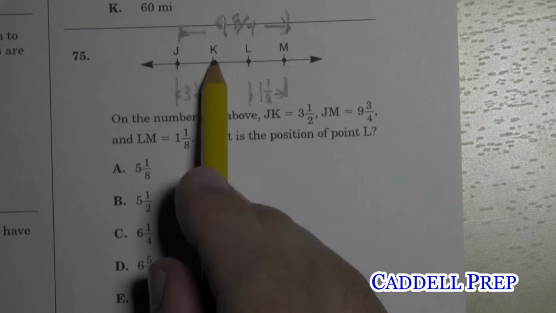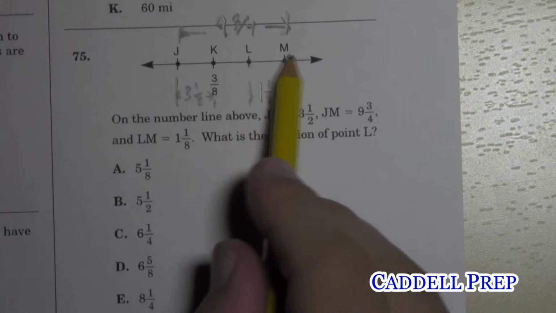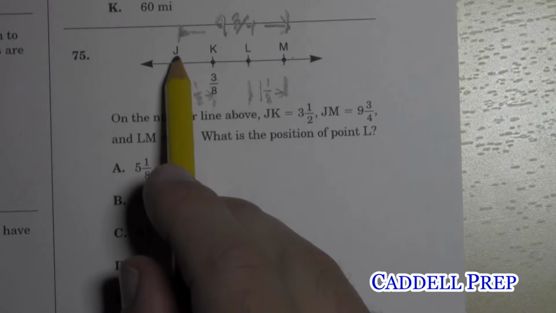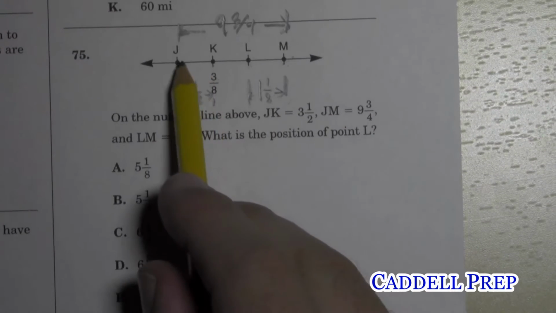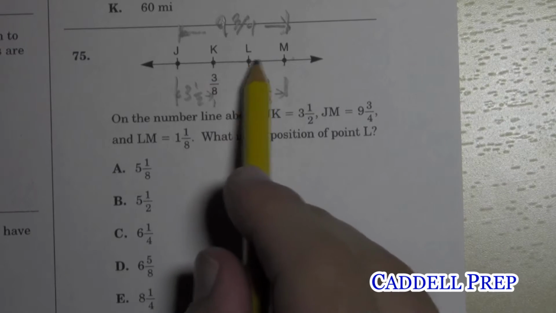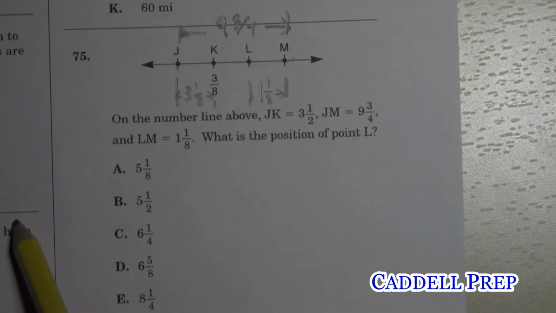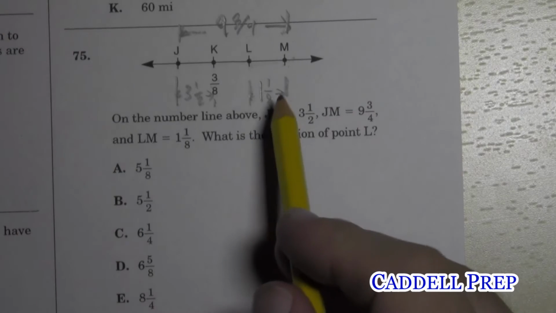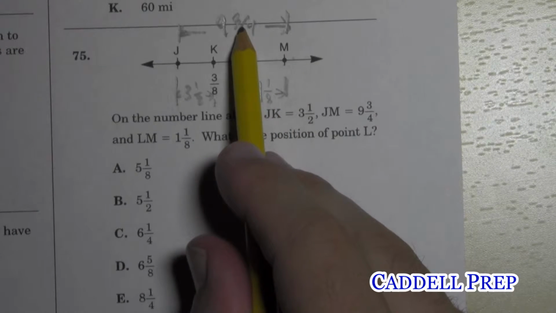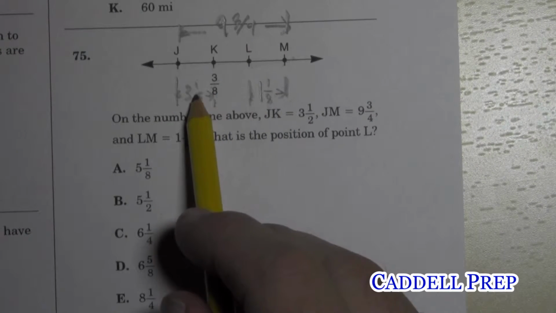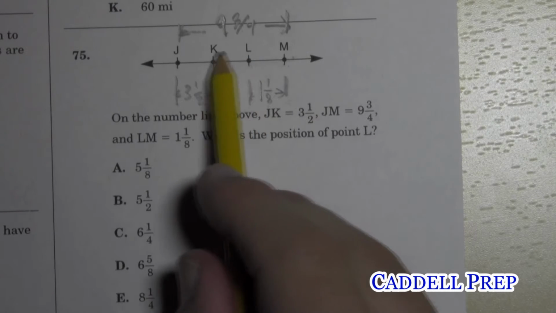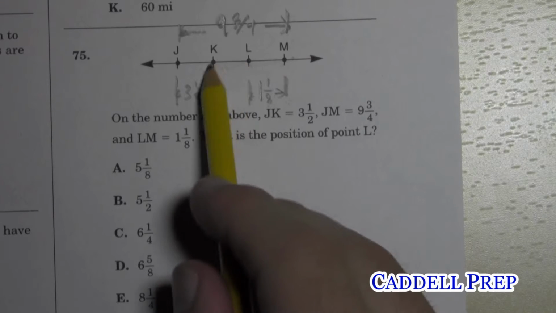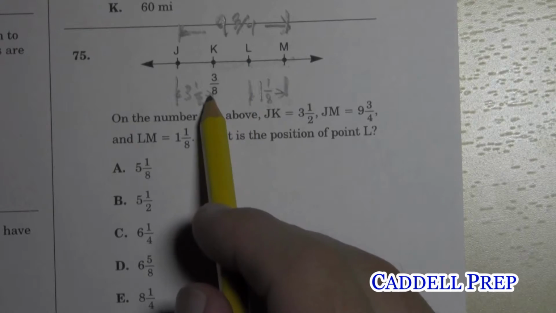So this distance plus this distance plus this distance is 9 3/4. So if we subtract this from 9 3/4 and then this from that difference, we're left with how long KL is. We could add that to 3/8.